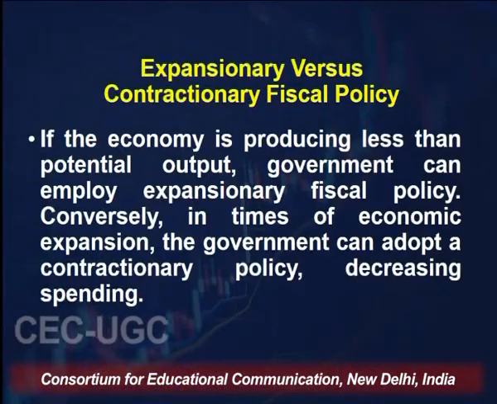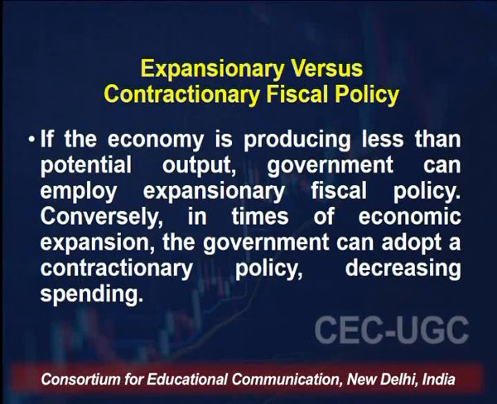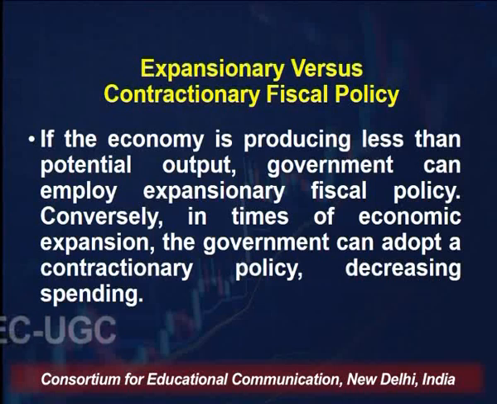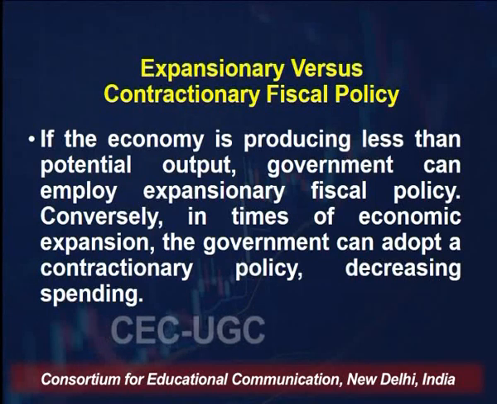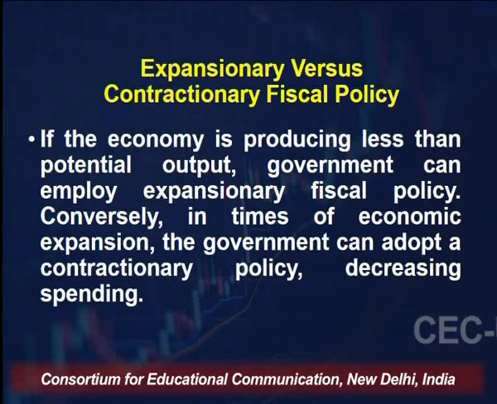Expansionary fiscal policy is used when the objective is the growth rate, or the objective is to control the recession situation in the economy. And contractionary policy is used when prices are increasing and the government objective is to control inflation.